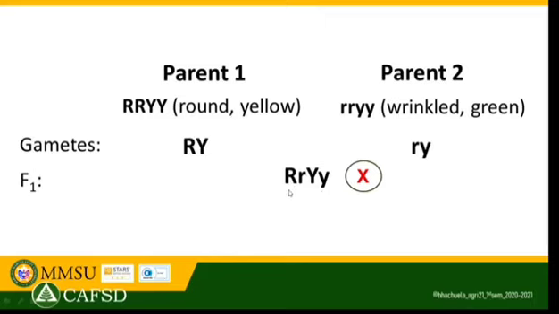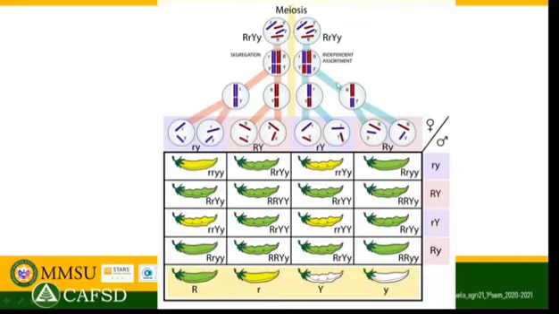Round seed, yellow seed. Okay. And this symbol again, selfing or sibmating or mating among themselves, we produce the F2. Okay? This is now your F2. This is a combination of round and yellow as well as wrinkled and yellow and green and round and wrinkled.